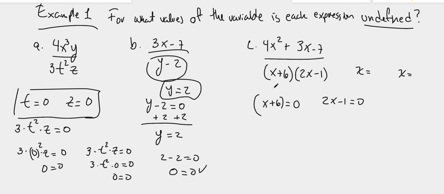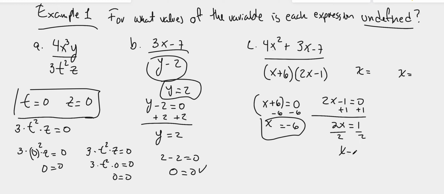If we subtract 6 on both sides, we get x is equal to -6. Here we can add 1 on both sides, and we're left with 2x is equal to 1. To leave x alone, I divide, and we get x is equal to 1/2. So these are the two values for which this expression will be undefined.